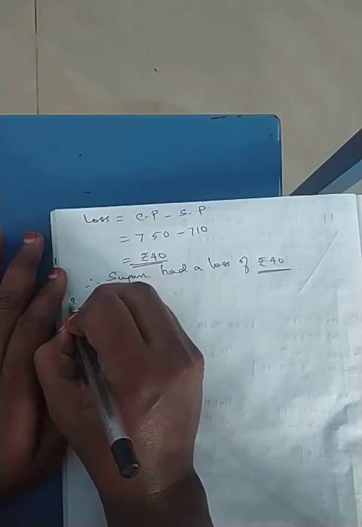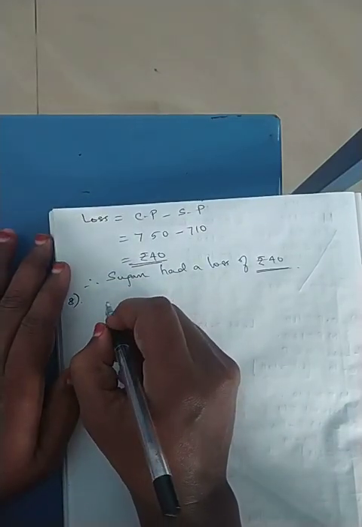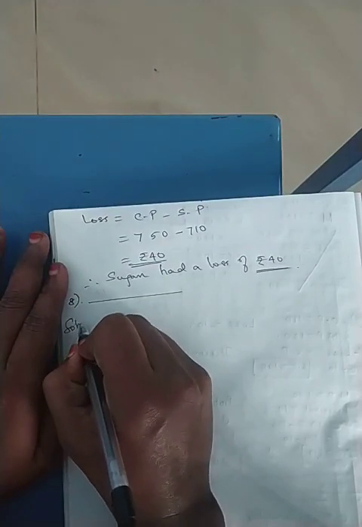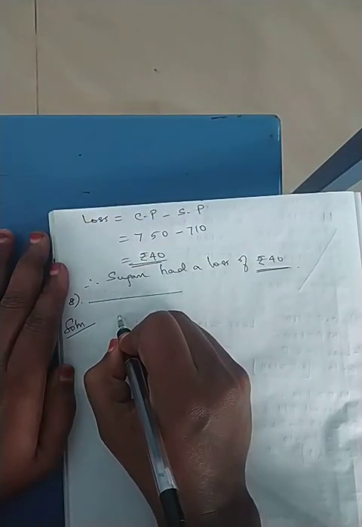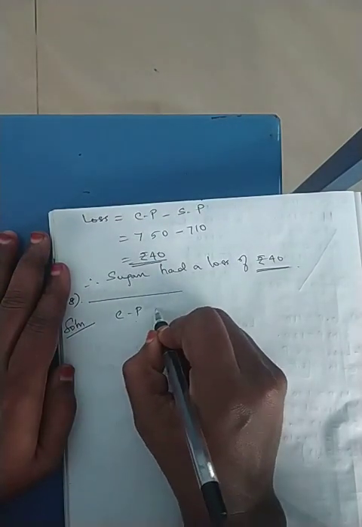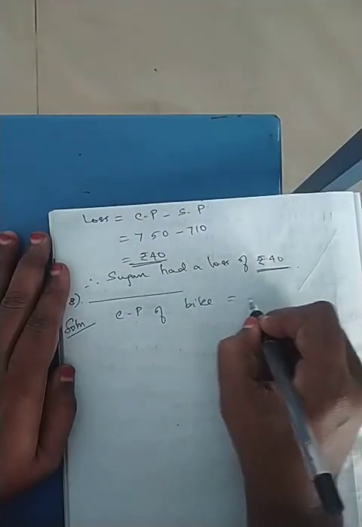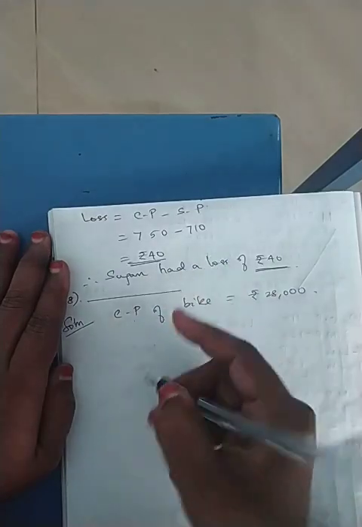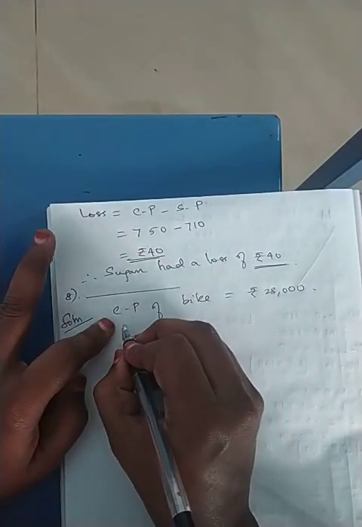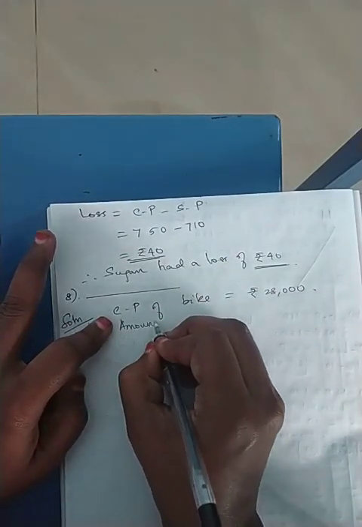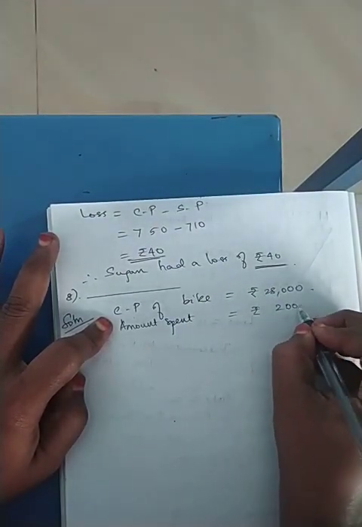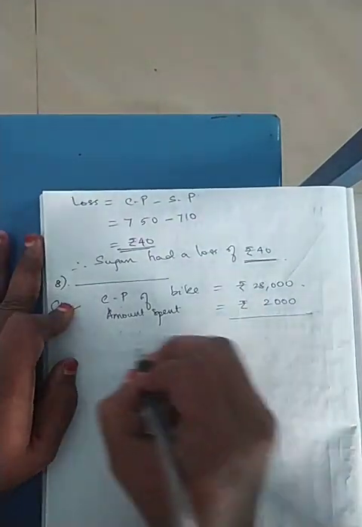So Sugan had a loss of rupees 40. Then coming to the eighth one. Somu bought a second hand bike. So you write bought. CP of bike is equal to rupees 28,000. He spent 2,000 on the repair. So amount spent equal to rupees 2,000. So what is the total now?